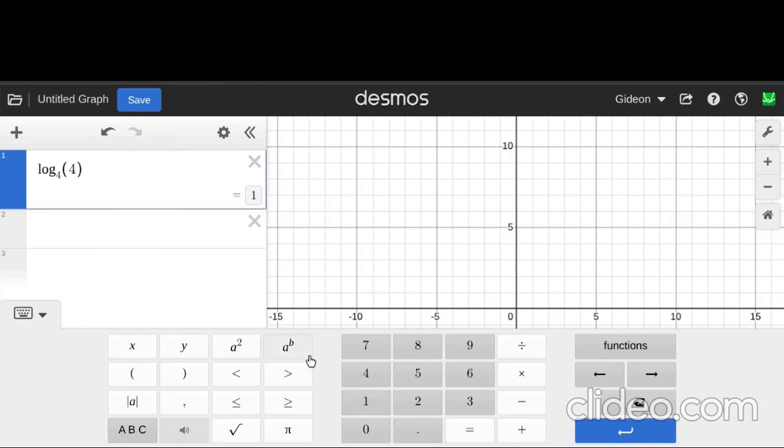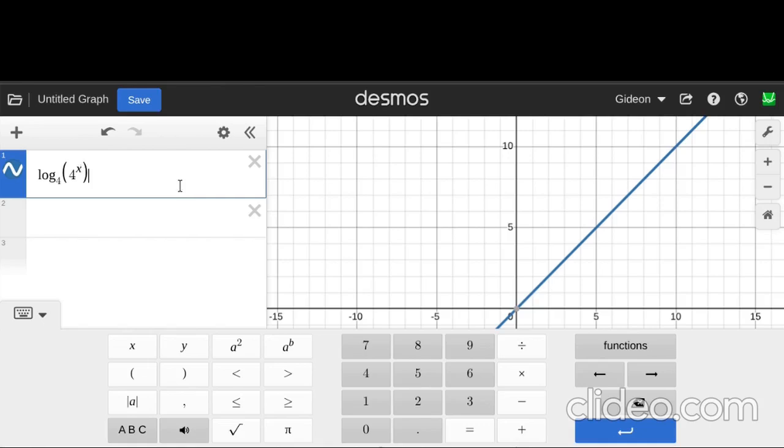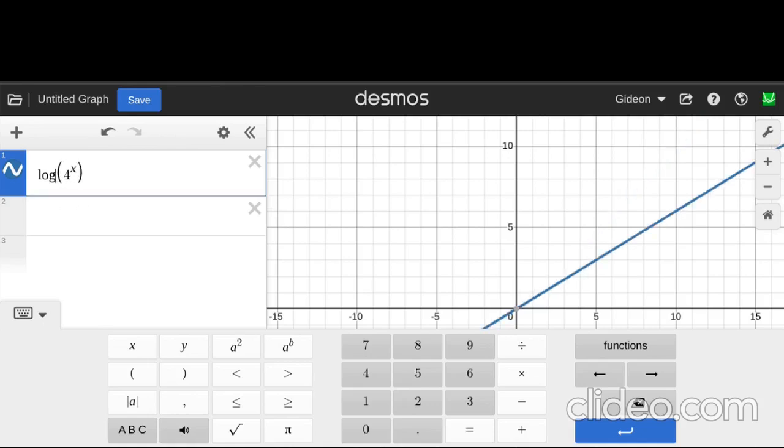And so let's see where this would be useful. If you have 4 to the power of x, this will get rid of the 4 and bring down that x for you. So if you're trying to solve for x, but the x is up in an exponent, this is going to be very beneficial because now you actually have the x by itself. Now, a lot of times it's not going to be as simple as this, and generally it's going to be easier to just use a log without the same base as this, like just base 10.